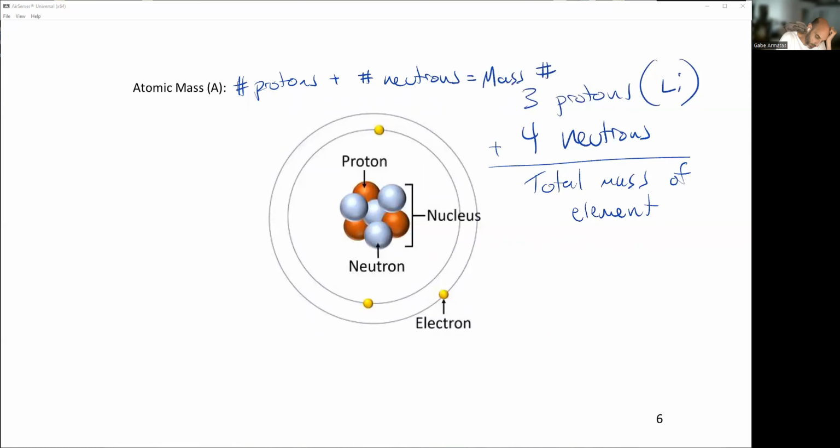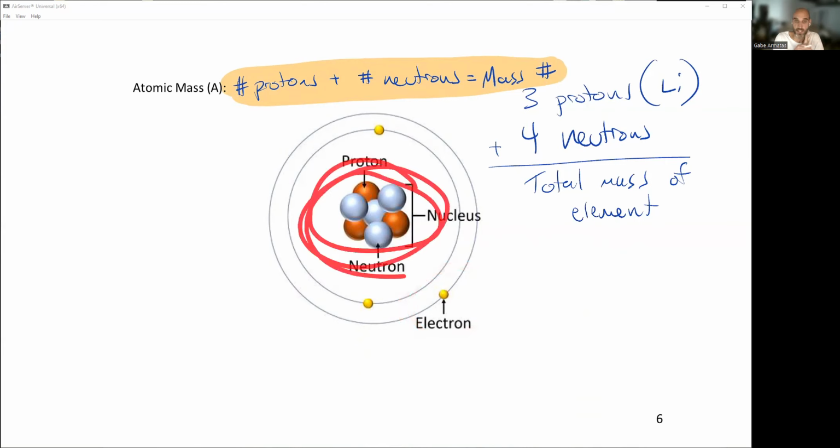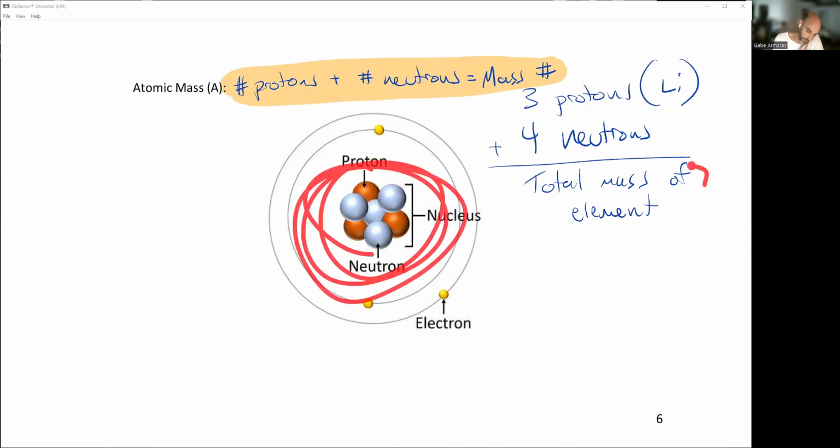The total mass number is protons plus neutrons. Those two things together make up the atomic mass of the nucleus, because electrons basically weigh nothing. Everything in the nucleus is the entire weight of the element. This is where all of the mass comes from.